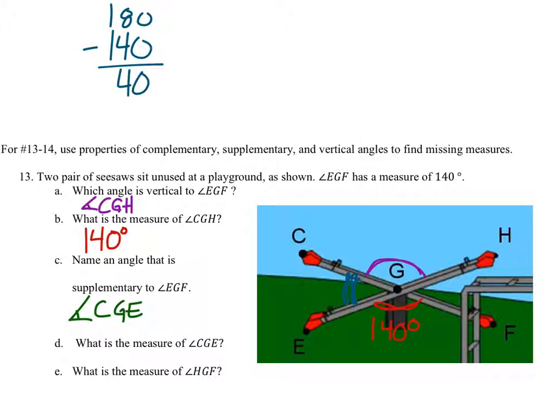We can see that angle CGE is 40 degrees, because they make a straight line right here. What is the measure of angle HGF? Well, this one is vertical with CGE, so it also would have the same measure. It also would be 40 degrees.